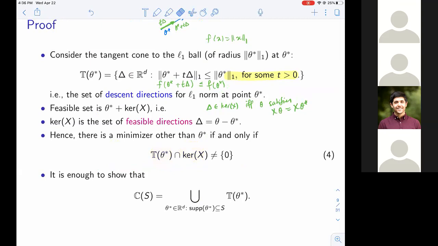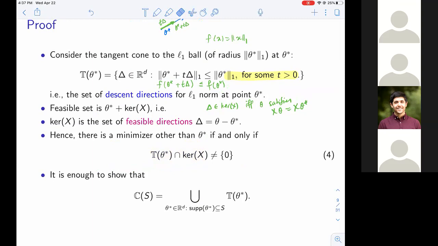Is this clear to people? Maybe in the chat you can say something. Yes, makes sense. Okay, good. Let me know if it doesn't make sense.